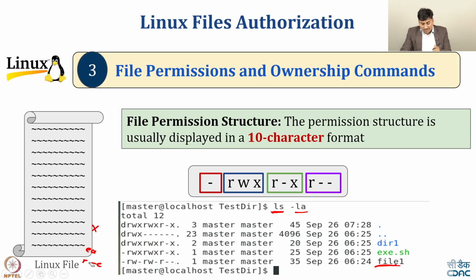Similarly, you can see that there is a directory present here, right, and you can see that this is a directory. When we talk about the permissions of this directory, the owner has the read, write, execute permission, the group also has the read, write and execute permission, but others only have the read and execute permission and don't have the write permission.